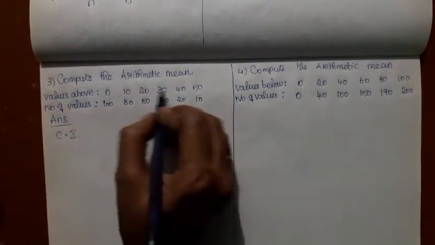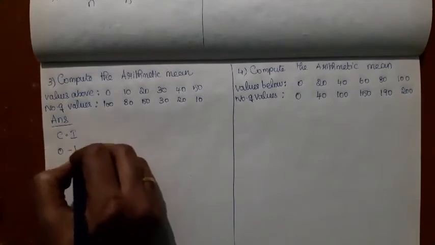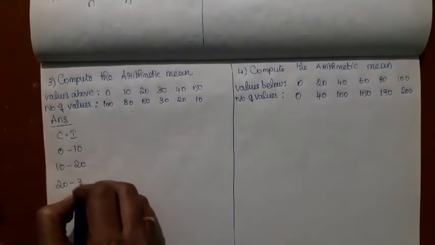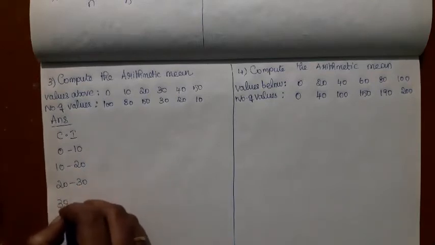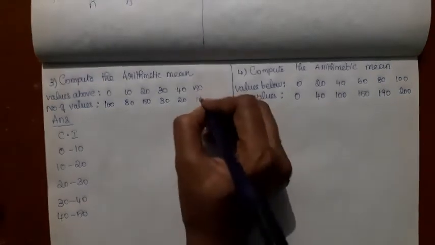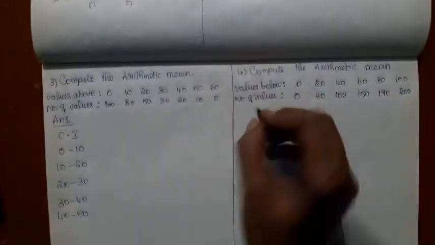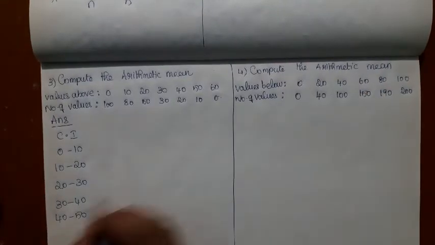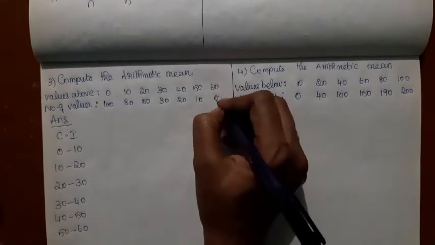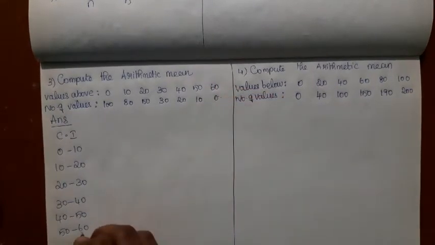See, the values give me a clue for the class intervals 0 to 10, 10 to 20, 20 to 30, 30 to 40, 40 to 50. Above 50, there are 10 values. Above 60, no values are there. So you can stop here.